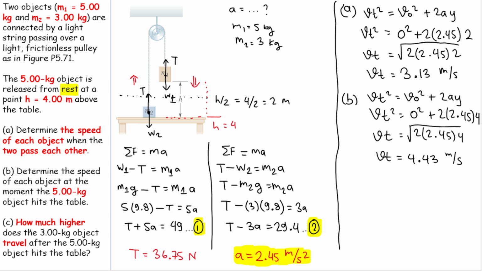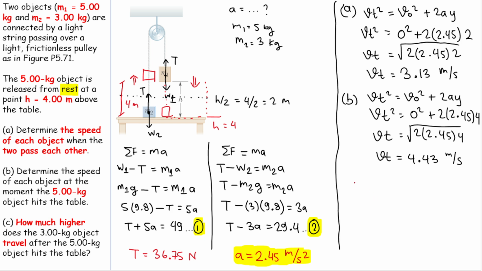Okay, but then question C: how much higher does the 3 kilogram object travel after the 5 kilogram object hits the table? So the second mass here will go here, right, at the height of 4 meter. But then when this hits the table, it still has initial velocity, right?